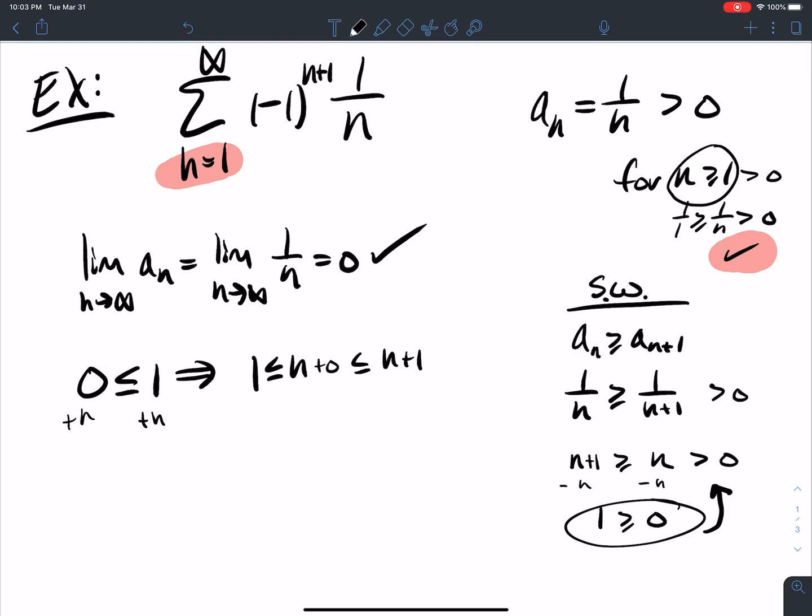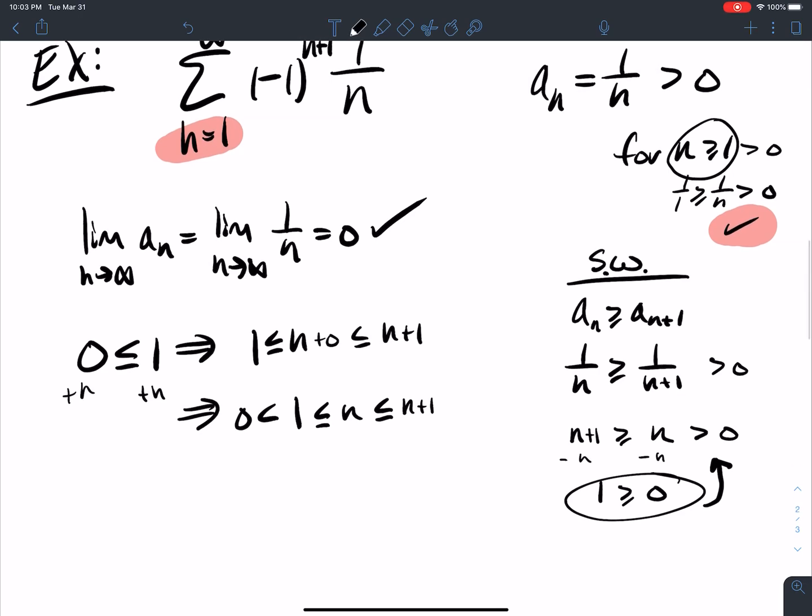So now that I have this, 0 is less than 1, less than or equal to n, less than or equal to n plus 1.